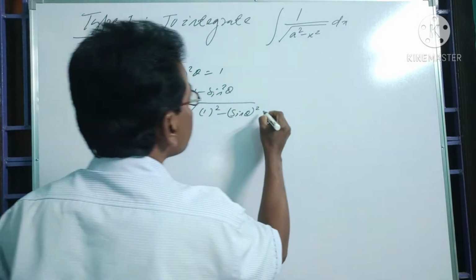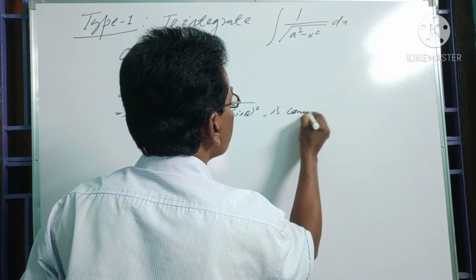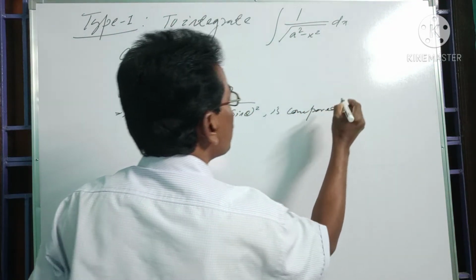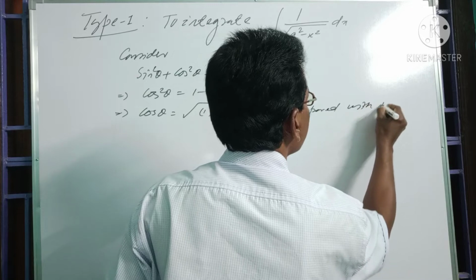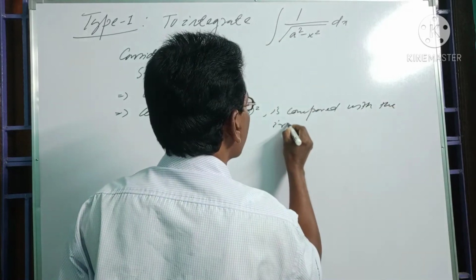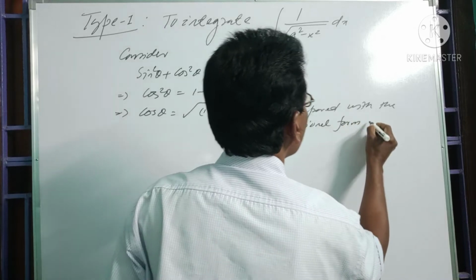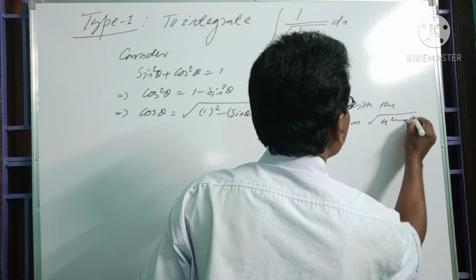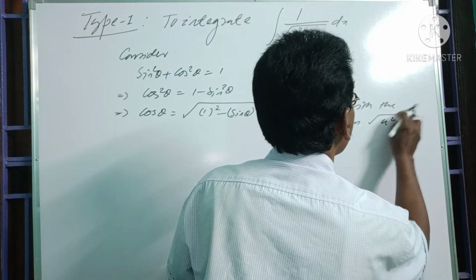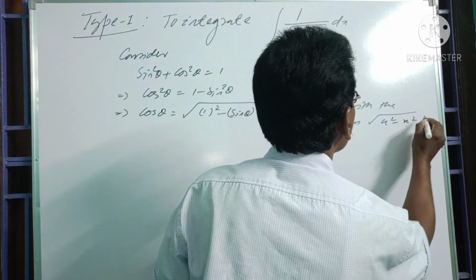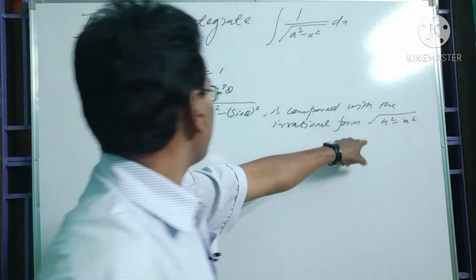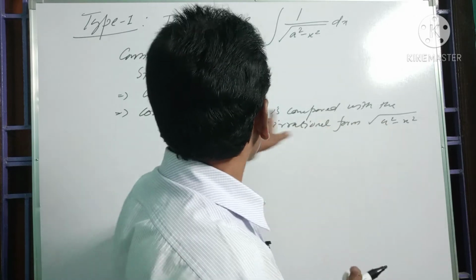So which is compared with the irrational form, root over of a square minus x square. See here, a is compared with 1 and x is compared with sin theta.